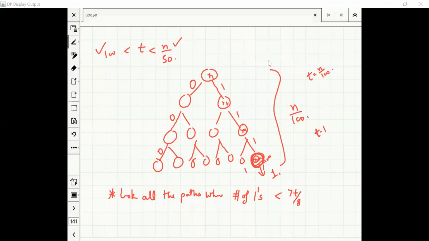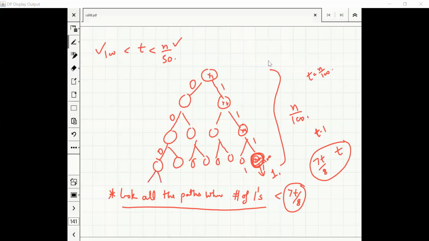When the number of ones seen in the path is more than 7t by 8, we will say you answer correctly on all those. We will ignore all those inputs. The point is, most of the inputs will lie on paths where we have seen less than 7t by 8 ones. If we have seen less than 7t by 8 ones, then on those computational paths, I will have a constant probability of failure.